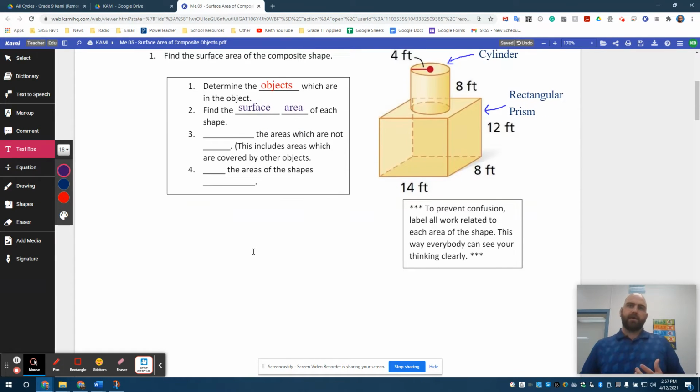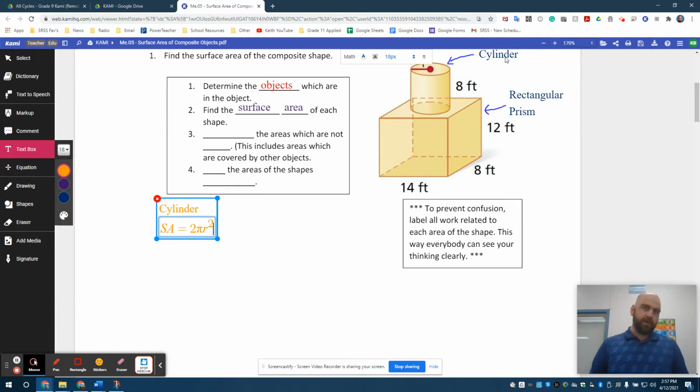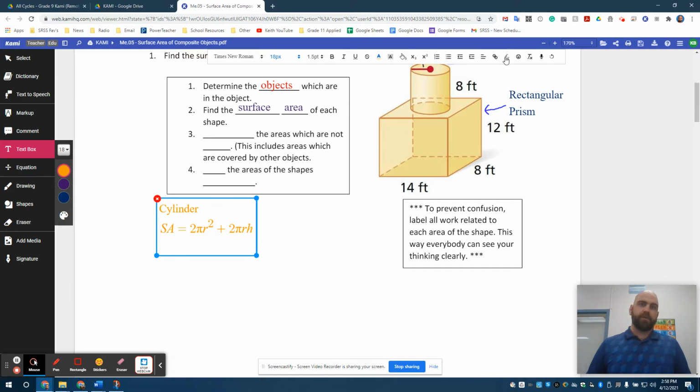I'm just going to work my way down here a little bit, and I'm going to start by finding the surface area of the cylinder first. Cylinder surface area formula: surface area is equal to 2 pi r squared plus 2 pi r h. There's our formula.